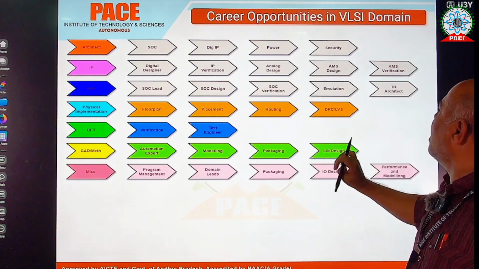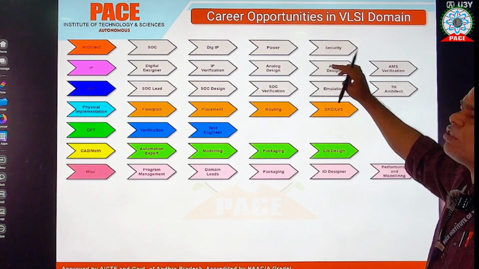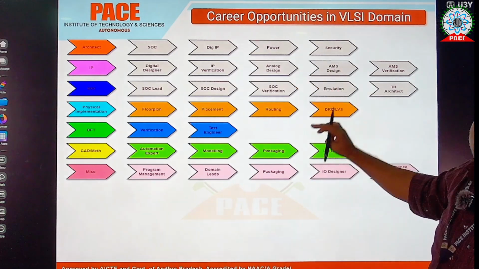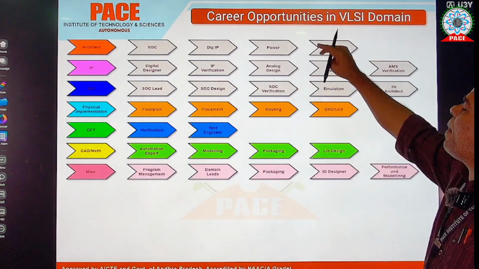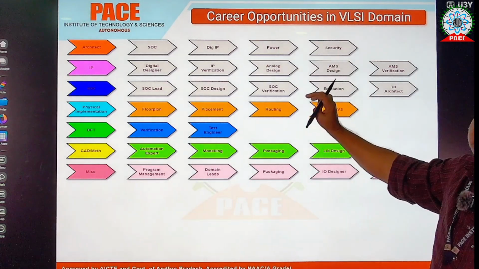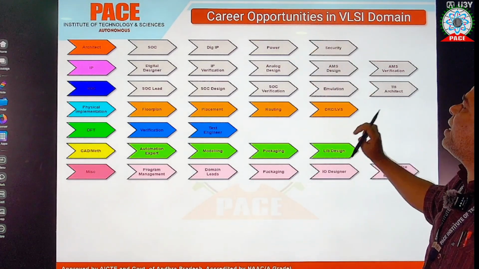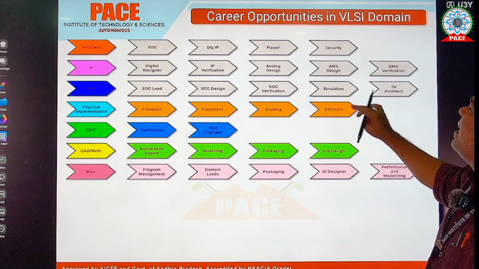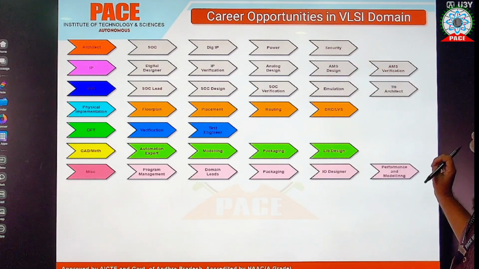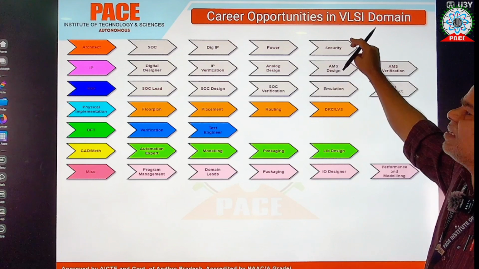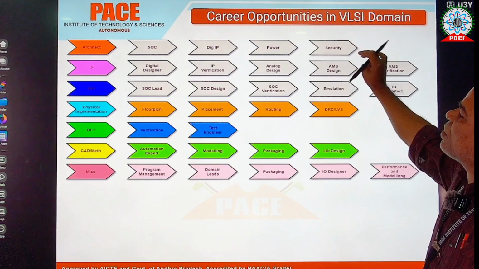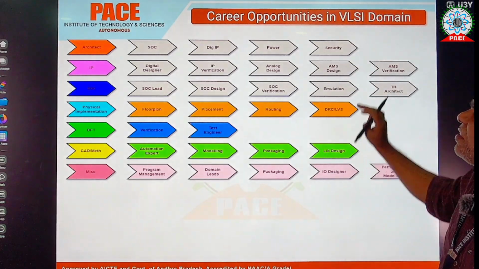You can reduce the power with respect to different technologies, like MOSFET, and you can take any flow charts and reduce the power. And a security system is also needed, like encryption, decryption, and AES standards. You can take those concepts and give the security system.